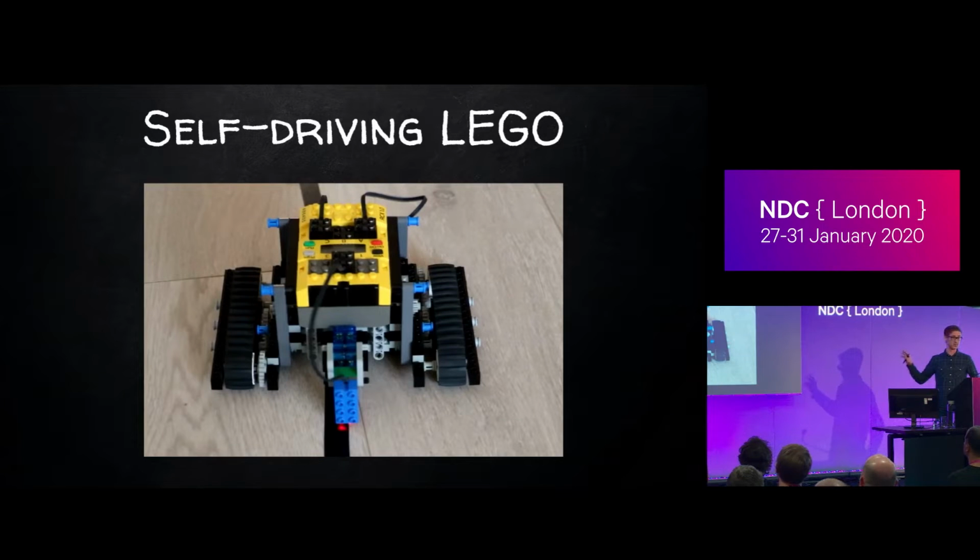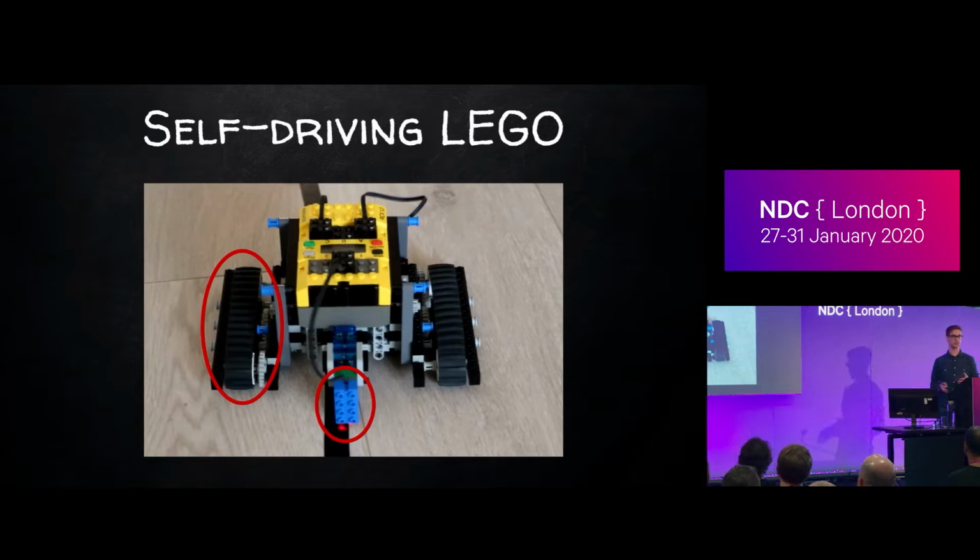If you have been playing with Lego Mindstorms at some point, there's a good chance that you already have built a self-driving Lego robot yourself. There's a good chance that your robot looked a bit like this. It had tracks and a light sensor.